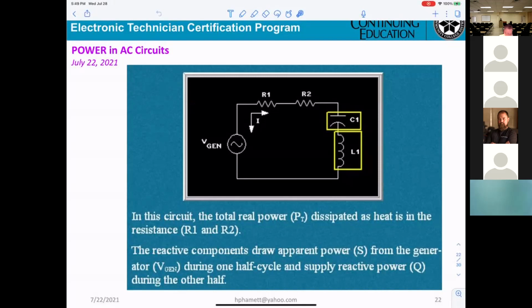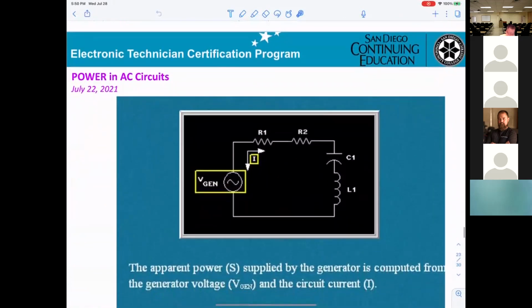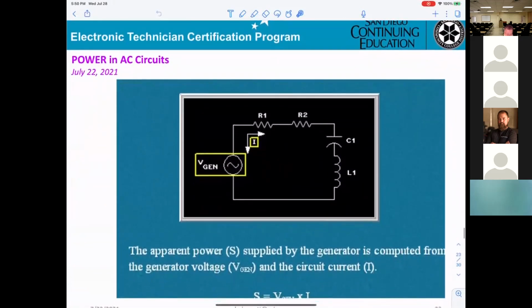The reactive component draws apparent power from the generator during one half cycle and supplies reactive power during the other half. Apparent power supplied by the generator is computed from generator voltage and the circuit current.